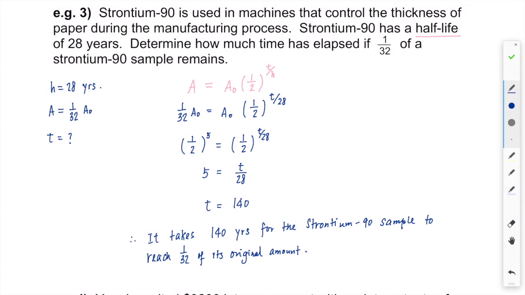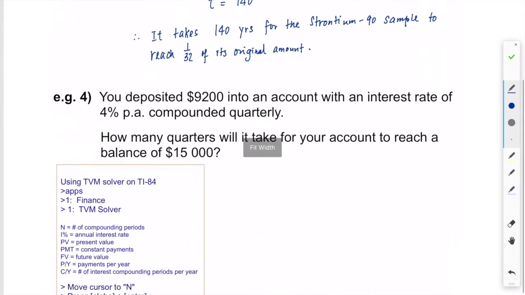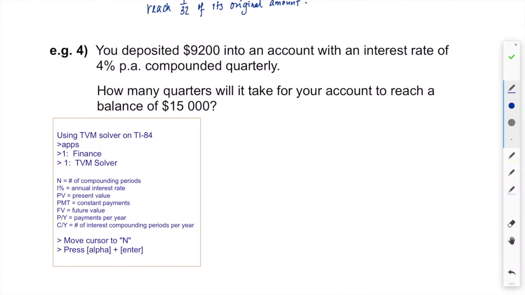Okay, so let's move on to example 4. This is a compound interest question. First, we're going to solve it by hand, and then we're going to add on a part where you can use an app on your calculator on the TI-84 called the TVM solver to figure out the answer to this question without having to remember the formula.